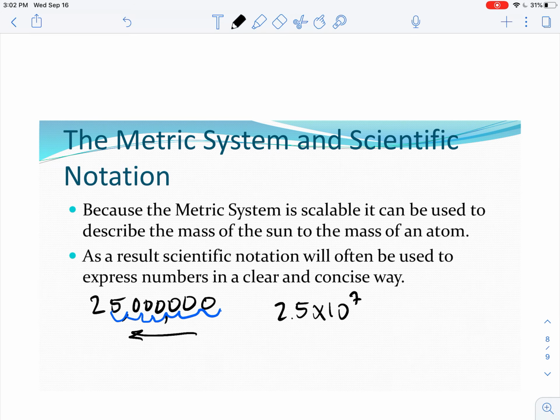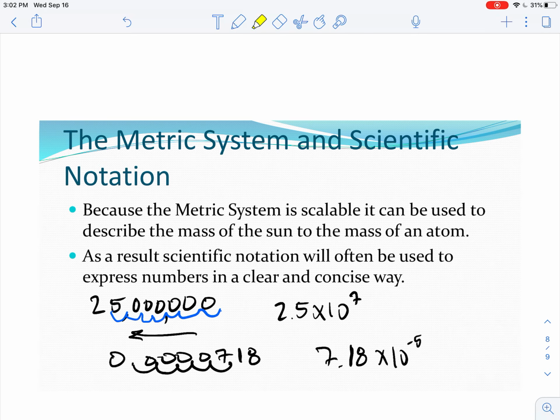If your number is smaller than 1, let's say 0.0000718, you move your decimal point until you get a number between 1 and 10: 1, 2, 3, 4, 5 spots, and I would end up with 7.18. Then I moved 5 spots, so it's times 10 to the negative 5th.